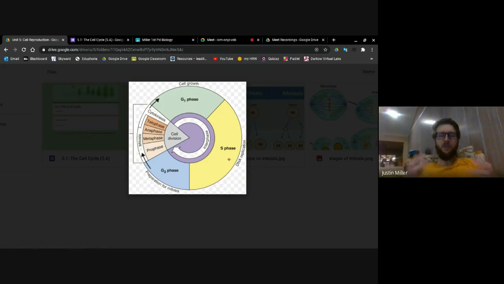So before a cell can split, the cell has to double the amount of DNA inside of it, so that when the cell splits in half, each half has the right amount of DNA.